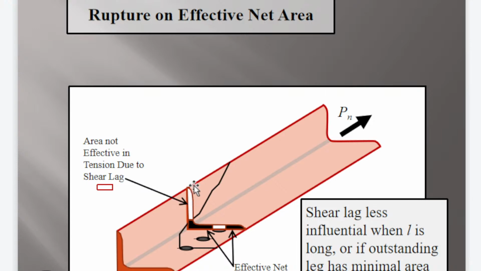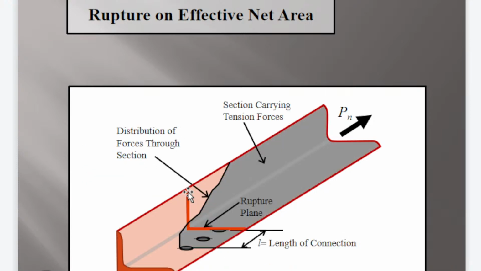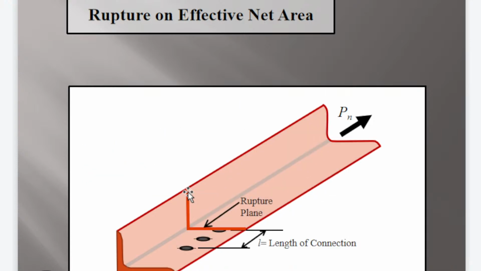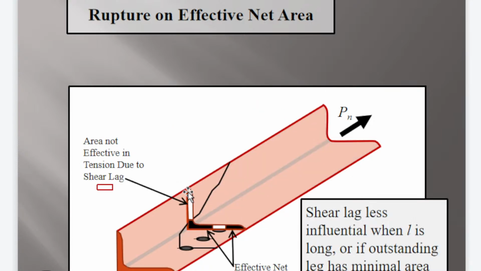So you are looking at the cross-sectional area. What do we call that line? That is what we call the rupture plane. At the rupture plane, only the black portion experiences the stress. The black portion is what we call the effective net area.